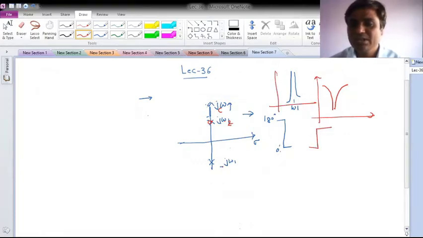There is a sudden jump of plus 180 degree at omega equal to omega 2, wherever the zero lies. So here I observe that at omega equal to omega 1 I am getting the maximum magnitude, and at omega equal to omega 2 I am getting the 0 magnitude.